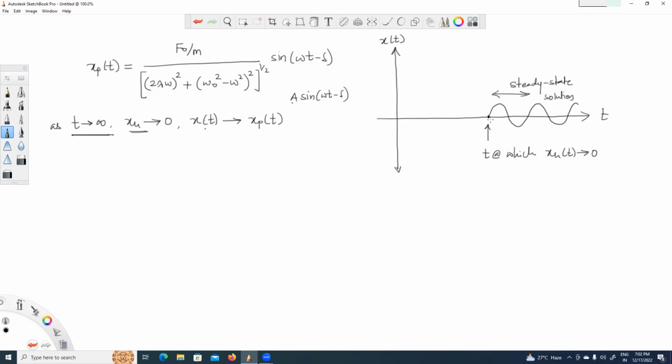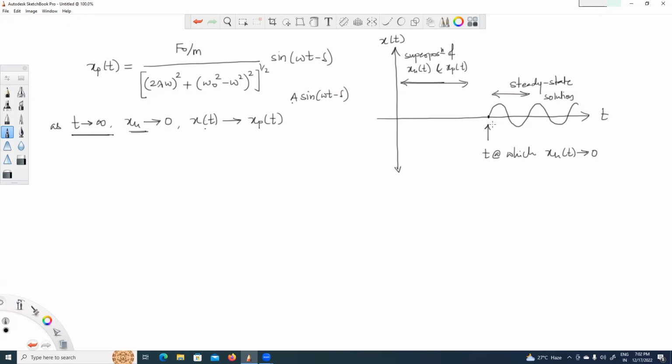It doesn't mean that we don't have a solution for times less than this particular time. In this part, we have a superposition of xh of t and xp of t. xp of t will again be oscillating in nature with the same amplitude.